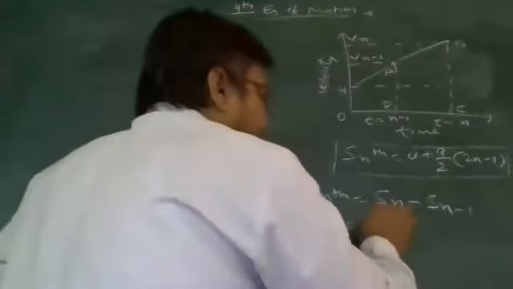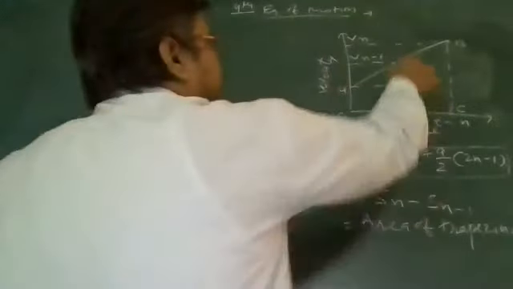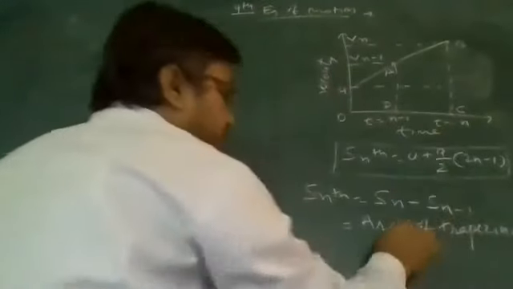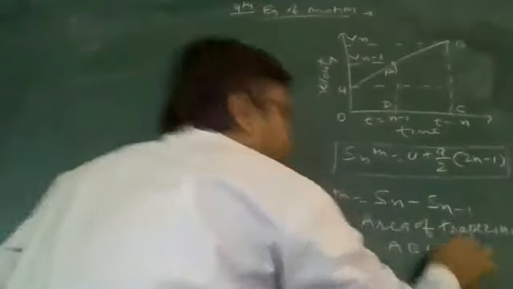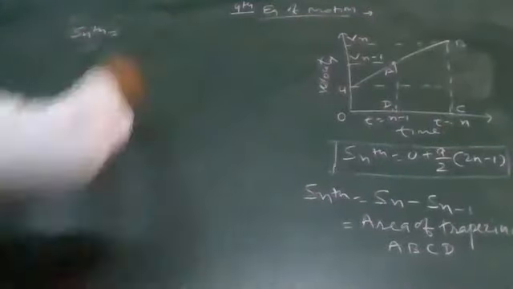That means you can write it in this manner. The area of trapezium ABCD will give you the distance traveled in n seconds. So I am finding the nth second distance. It is the area of trapezium ABCD, and what is the area of a trapezium?